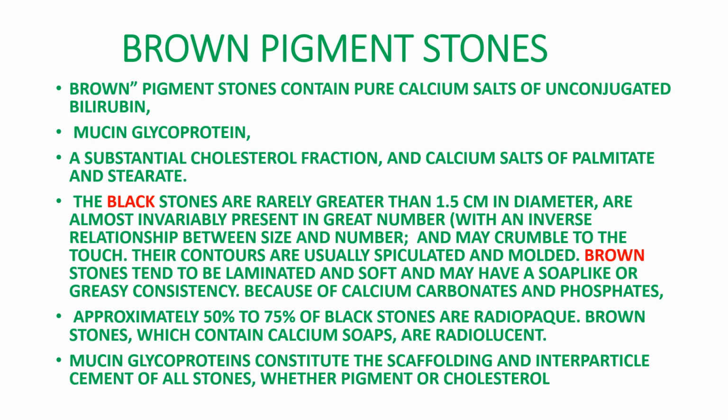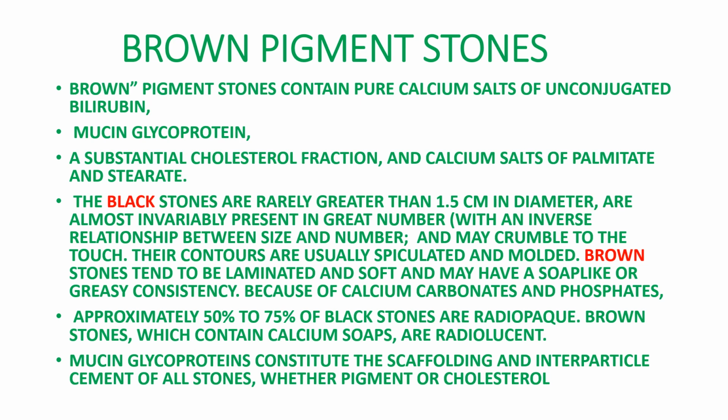I hope you remember and recall from your theory classes that bile is a fluid which contains a fair amount of different solutes, and among these there are the bile salts, the cholesterol, and the lysolecithin, lecithin, phospholecithin, etc. Those may be found in the bile. So once again I repeat, the brown pigment stones contain pure calcium salts of unconjugated bilirubin, as you can see in the slide as well.